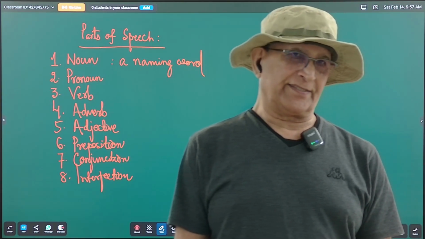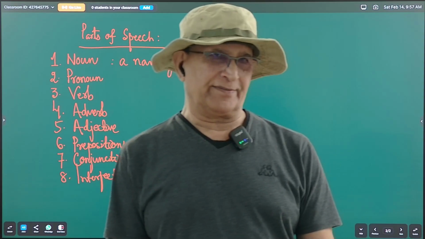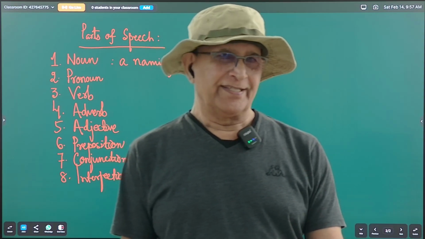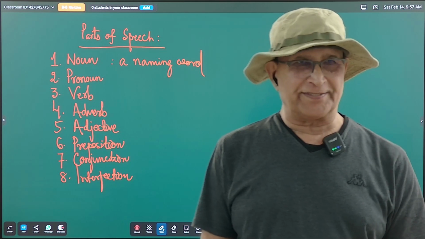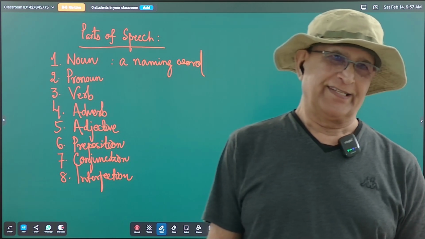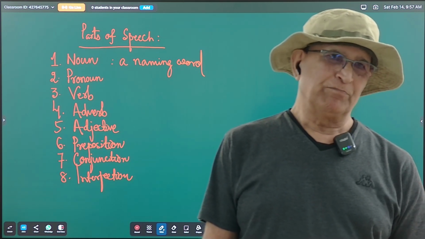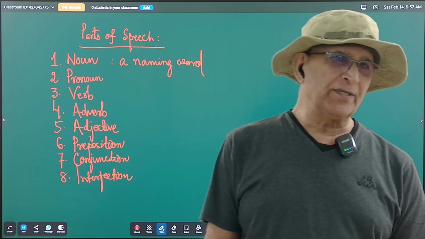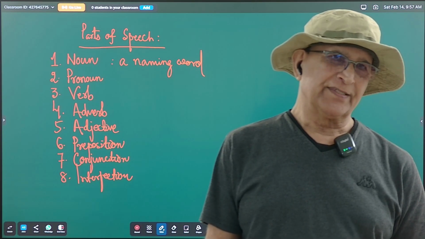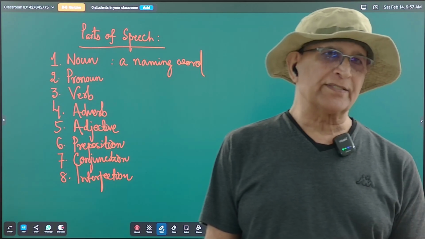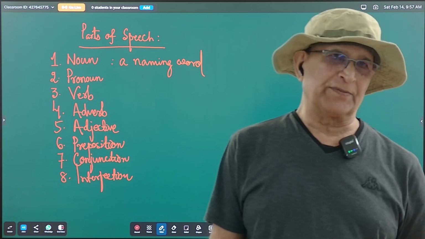Traditional grammarians like Nesfield, Wren and Martin have classified nouns into 5 categories: proper noun, common noun, material noun, abstract noun, collective noun. All these are different types of nouns.